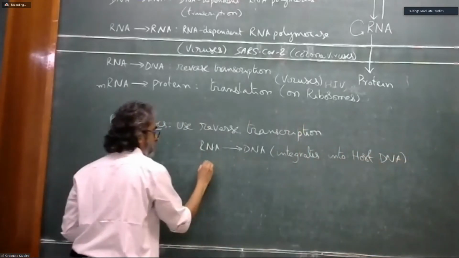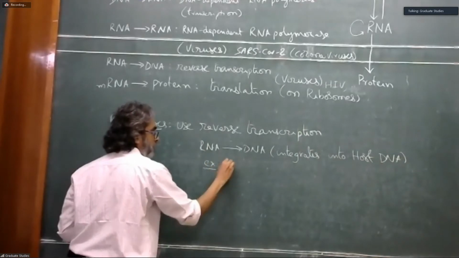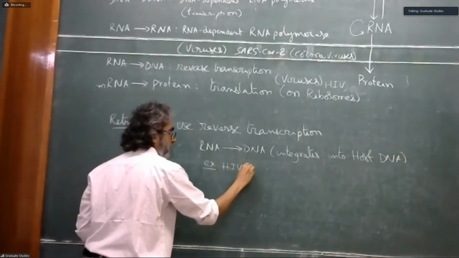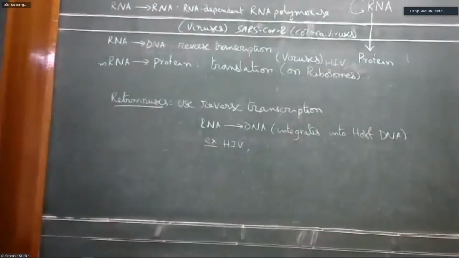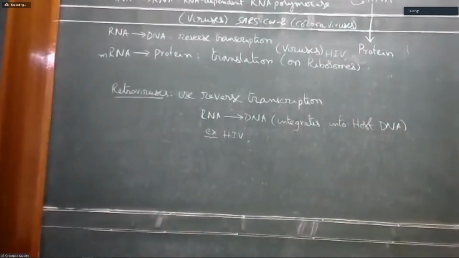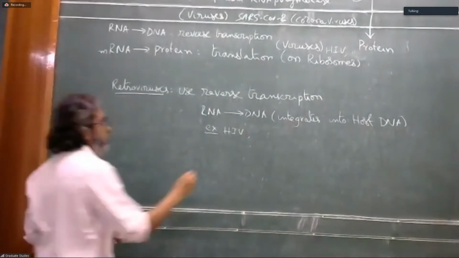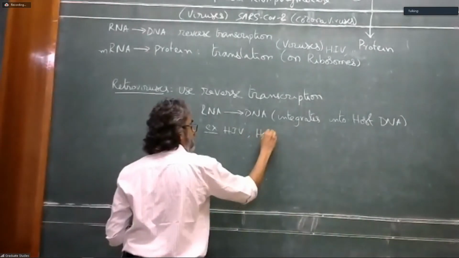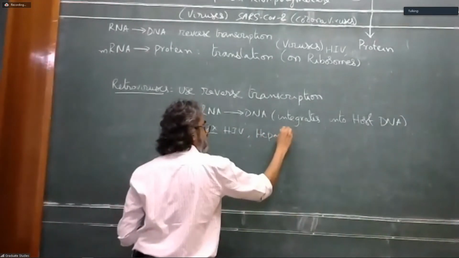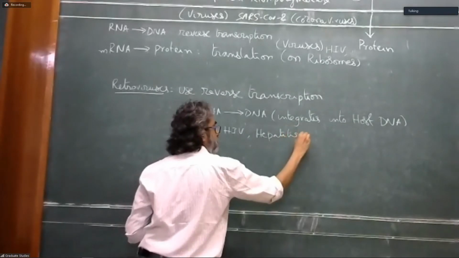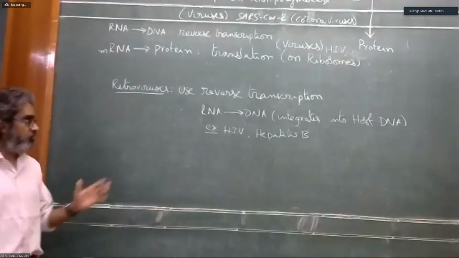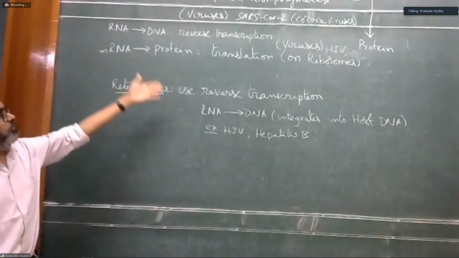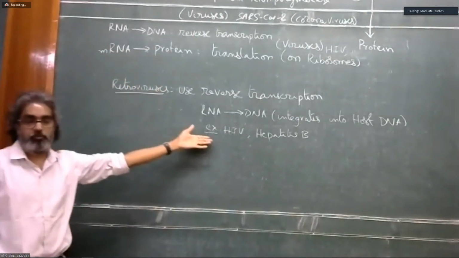An example is HIV. So there are many different types of viruses. For example, SARS-2 differs from HIV.